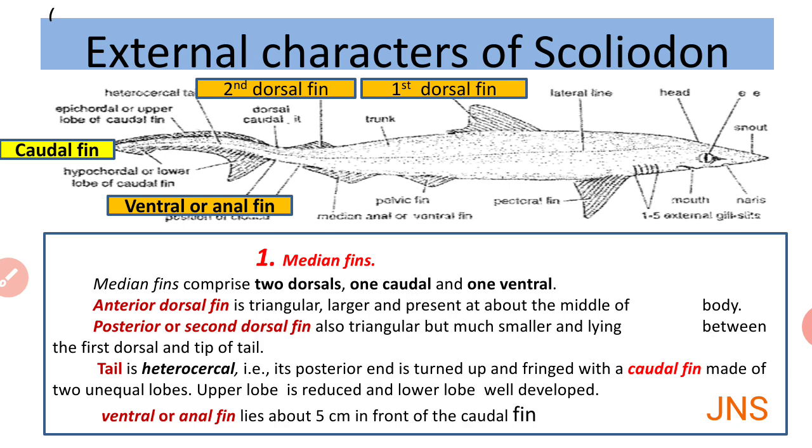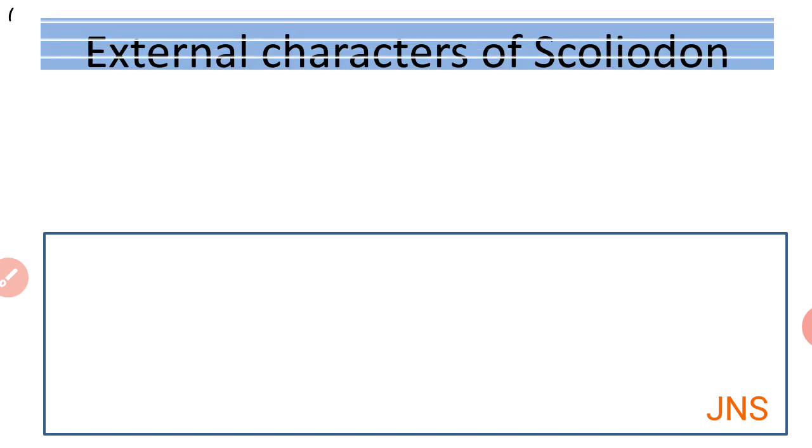Another median fin is the ventral or anal fin, which lies about 5 centimeters in front of the caudal fin. So these are the median fins of Scoliodon: two dorsal, one caudal and one ventral.